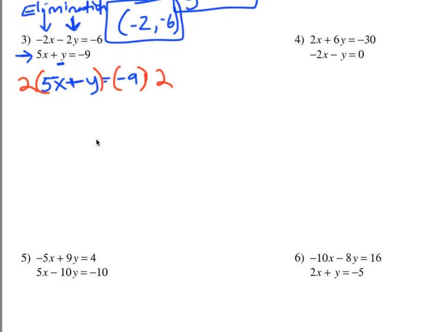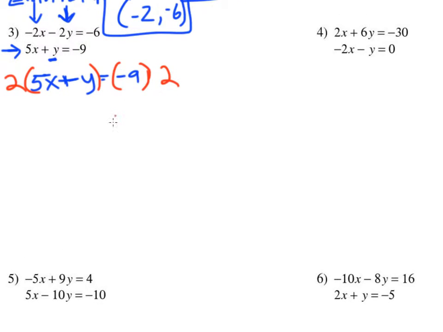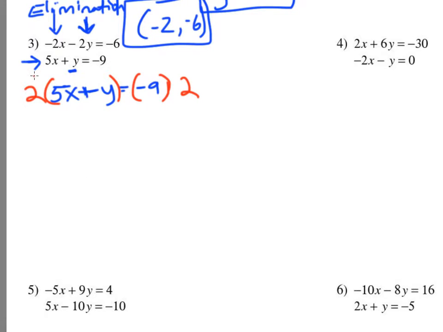Let me just get more space here. All right, so let's distribute. So don't feel, if you do substitution, you're going to get the same answer. So don't think you have to do elimination here. So we get 10x, 2 times 5 is 10, plus 2 times y is 2y, equals 2 times negative 9. 2 times 9 is 18 with a negative in front.